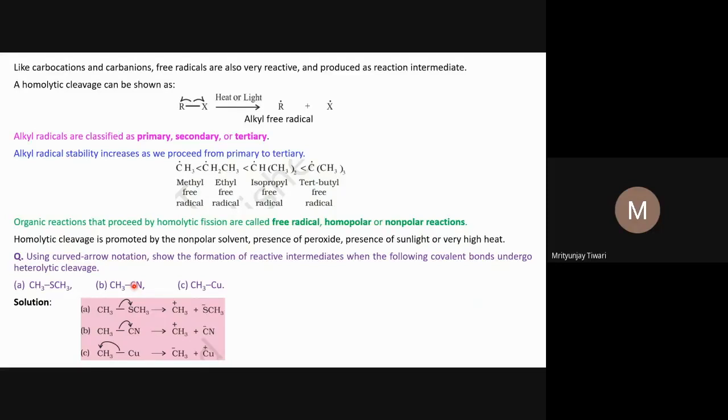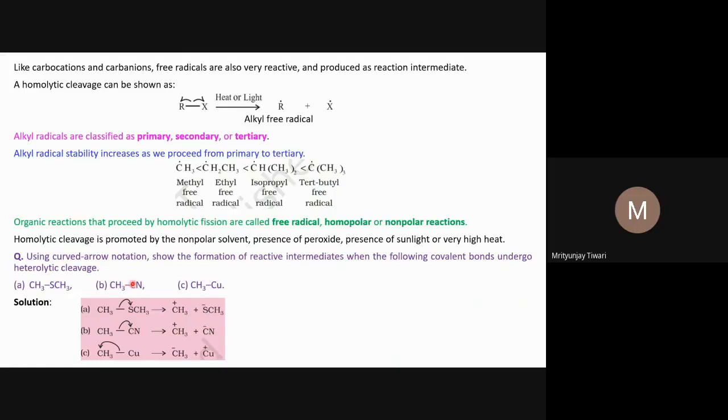So by that much amount, the effective nuclear charge will increase. So the effective nuclear charge of this carbon will increase, and its electronegativity is increased. And once its electronegativity is increased, you can consider this entire CN group as an electron withdrawing group, or the more electronegative group. And so the electron pair now will move to this CN group or the carbon atom.